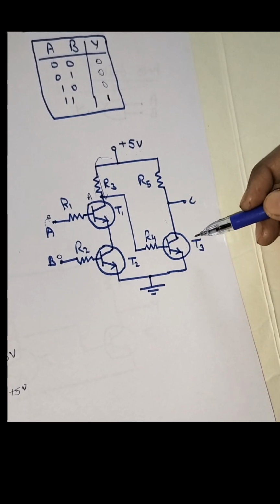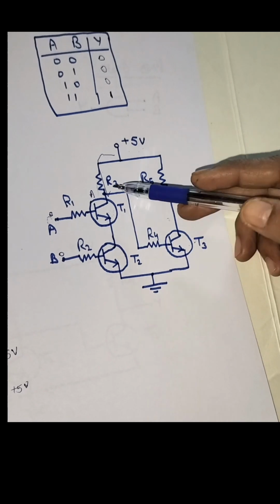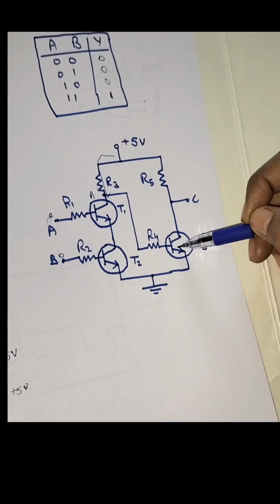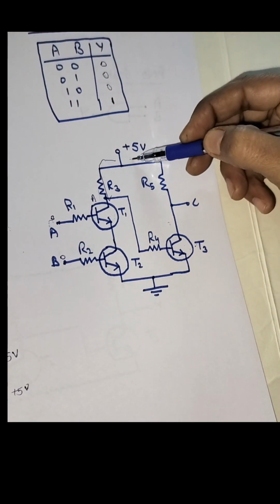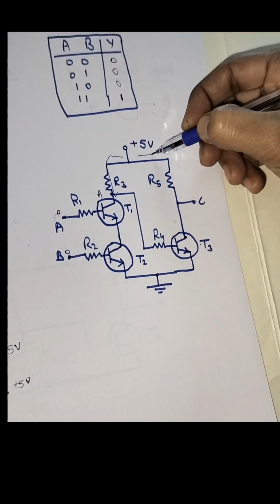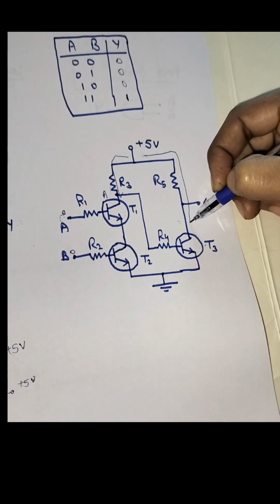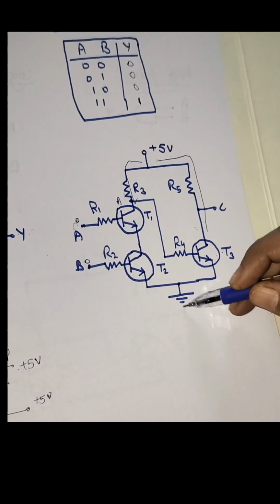So at this time, transistor T3, as it is getting a current at its base from this point, it will turn on. It will enter into saturation. So as it enters into saturation, a current which was flowing from plus 5 volt to R5, as this transistor is on, it will allow the current to pass through it.